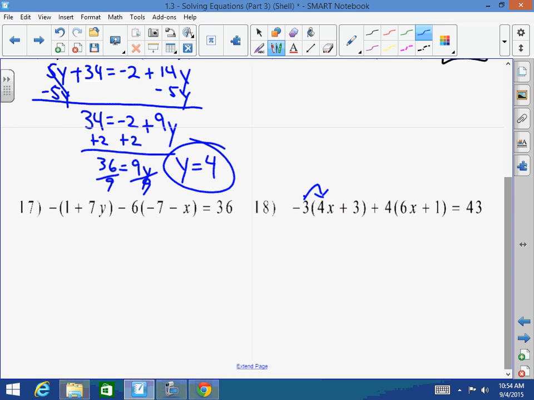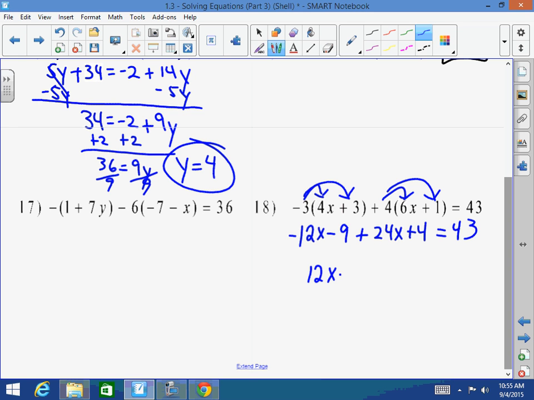Very good, but you've got two distributions. So I've got negative 12x minus 9 plus 24x plus 4 equals 43. Now what do I do, gentlemen? Combine like terms. Negative 12x plus 24x is 12x.